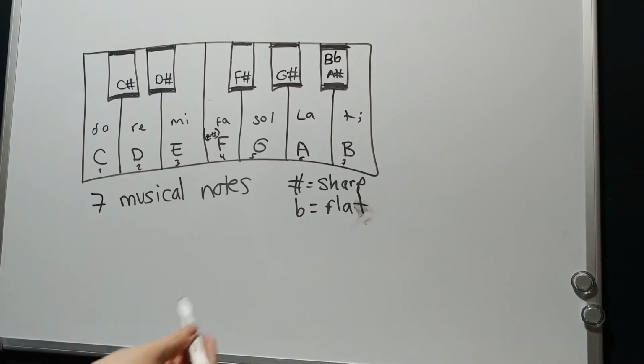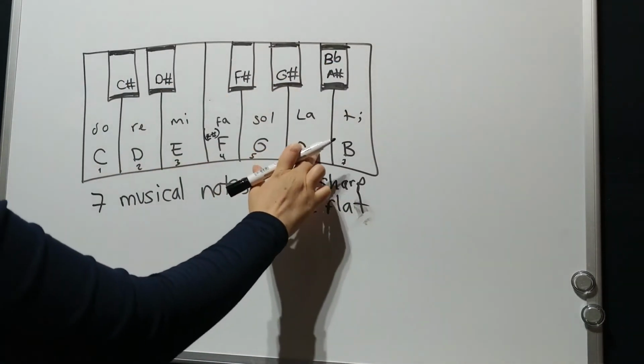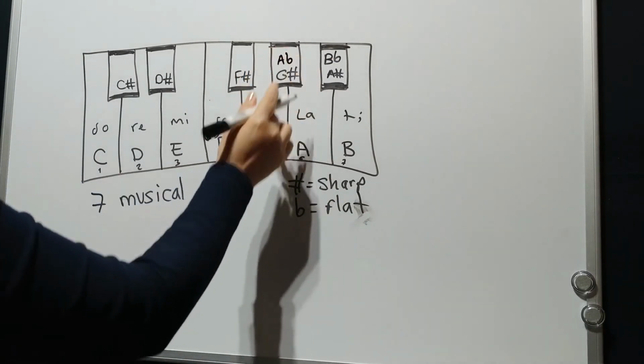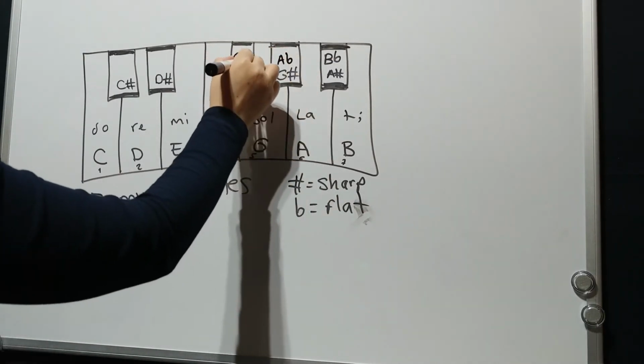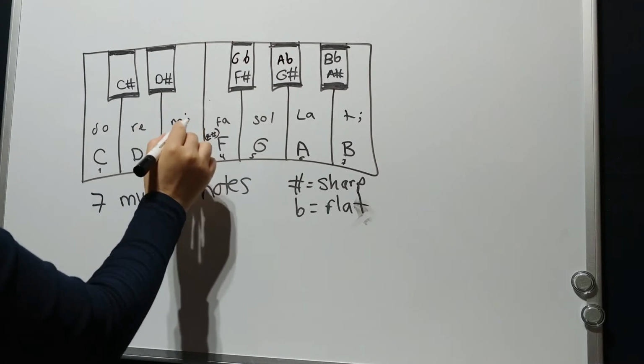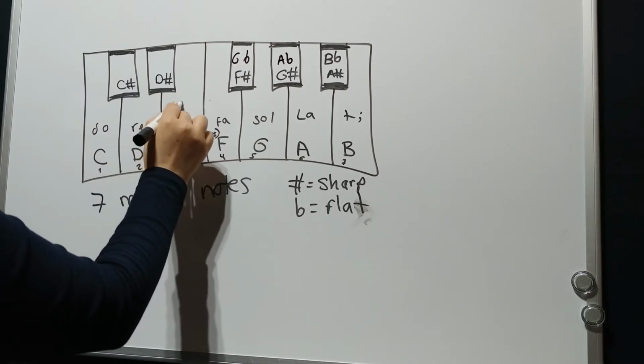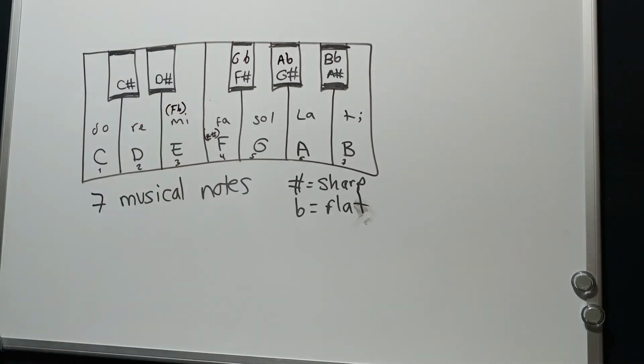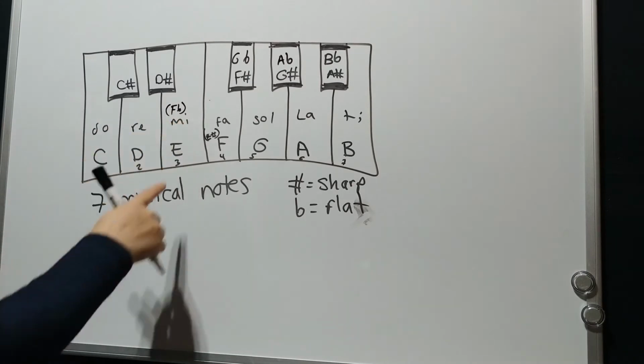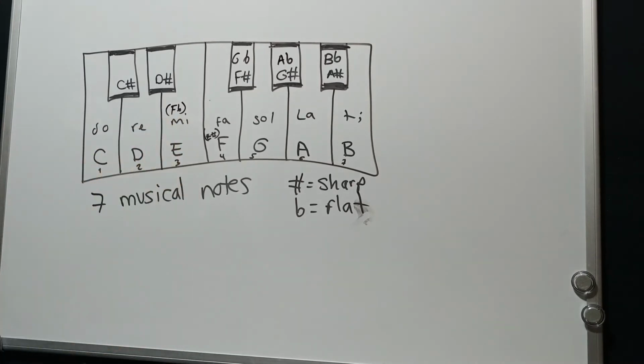It's going a little bit towards the left. So A flat, G flat, F flat. Obviously, most of the time we just see this note as E or mi, but it can also be called F flat.